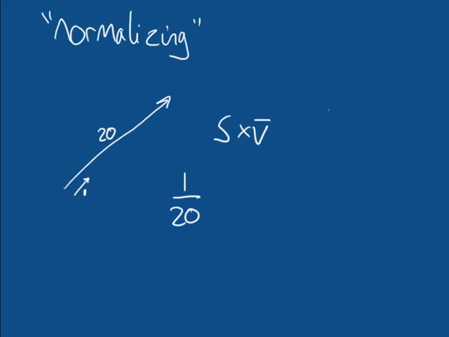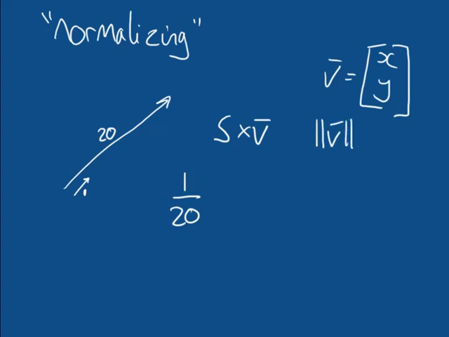So if we had a vector v that was equal to (x, y), and if the length of v was equal to 20, then we'd want to scale v by 1/20th. We want to shrink it down to 1/20th of the original length because its original length is 20, and that would give us a length of 1.